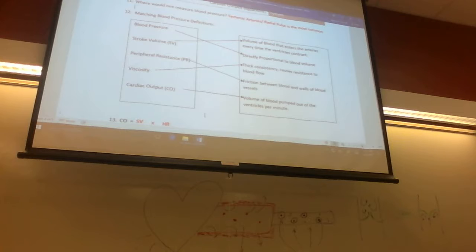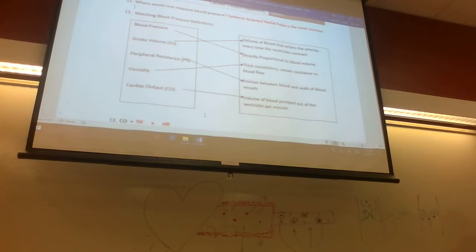So the radial pulse is the most common, or you can have your carotid pulse, or your jugular vein. And then you also have your brachial pulse, where blood pressure is taken most of the time, which is right here, your brachial. So you can get blood pressure pretty much everywhere. I probably read in the book that radial pulse is most common, so that's probably why that's there.